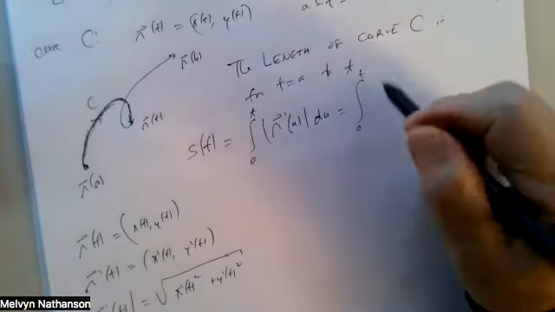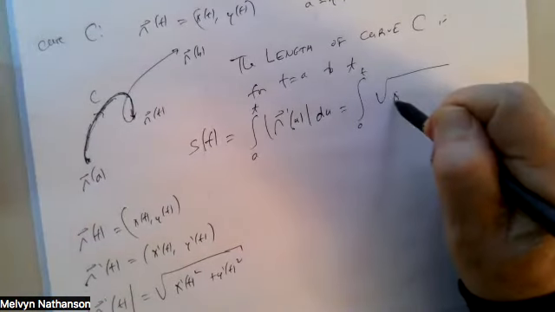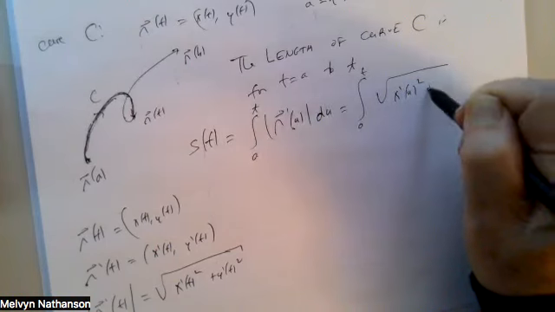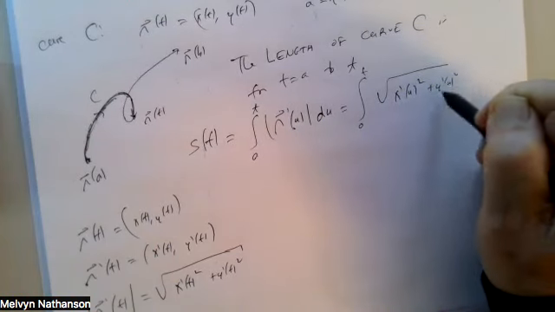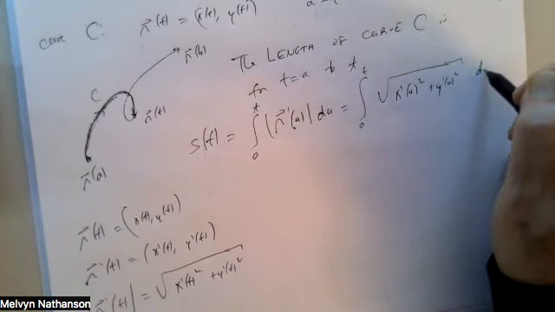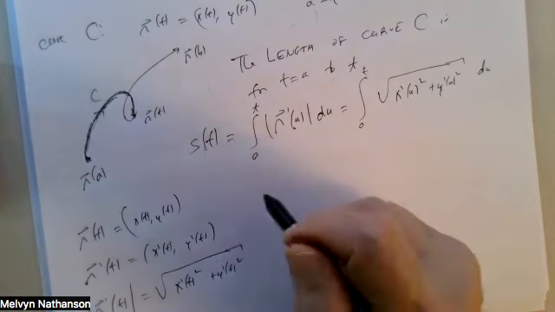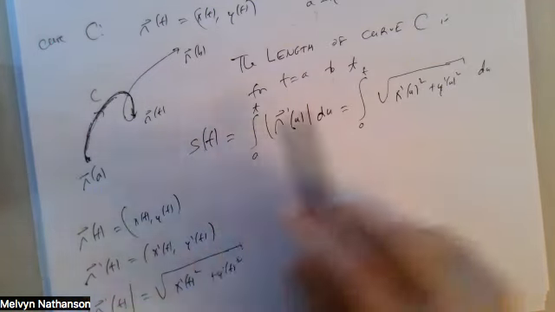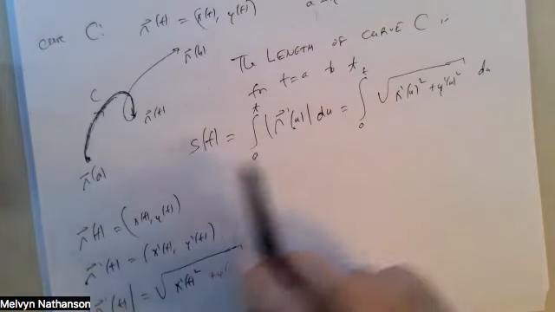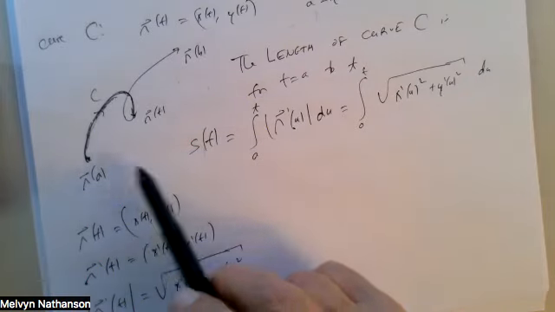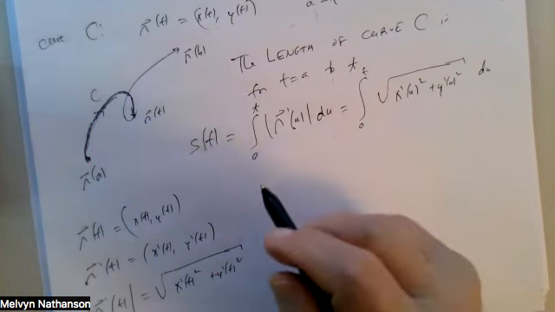So that's what this is. This is the square root of x prime of u squared plus y prime of u squared du. So this is the length of the curve from time A to time t.